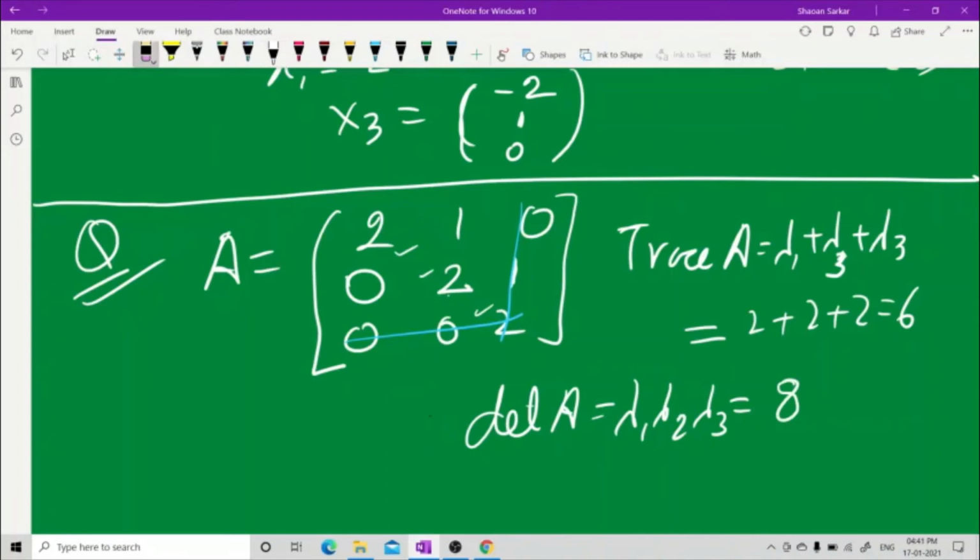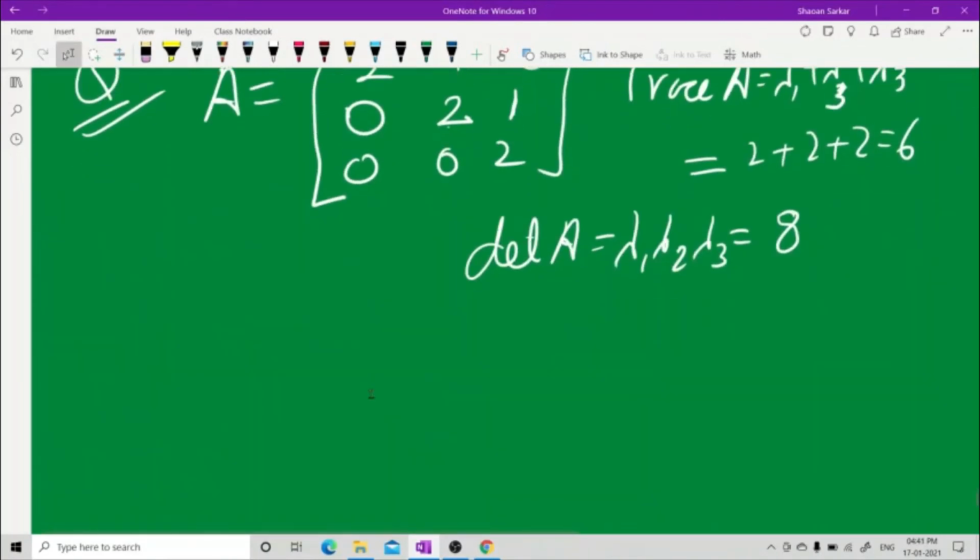Now you will write down the characteristic equation yourself. That is your homework. It will be something like lambda cube and all that stuff.